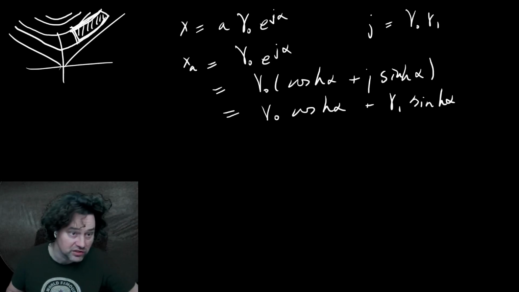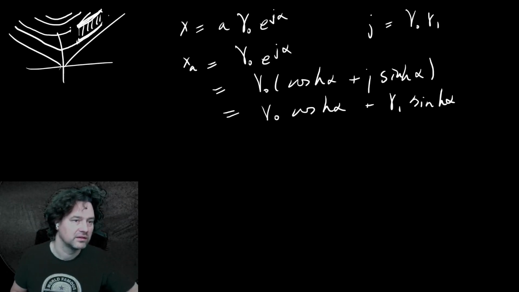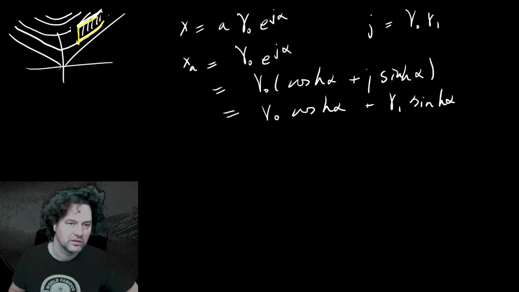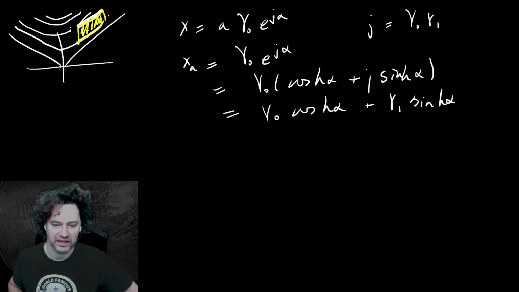I think that the edges are actually going to be a bit different. It's going to look more like that. So in our parameter space, our area elements are going to be little pieces like that.